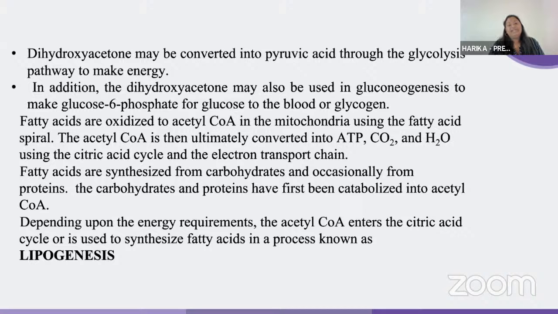Glycolysis, as the term indicates, means breakdown of glucose. Glyco means glucose, lysis means breakdown. So glycolysis is the pathway which breaks down glucose.